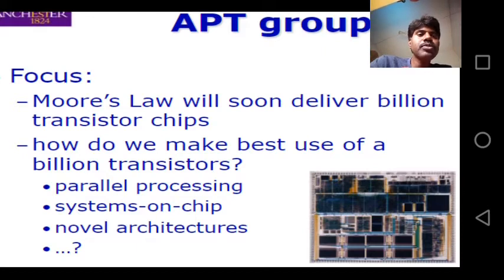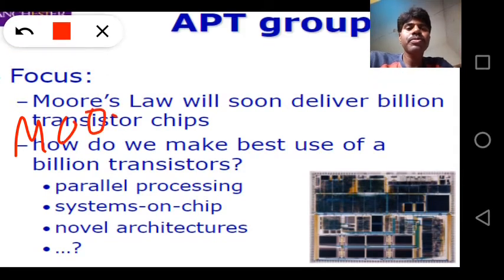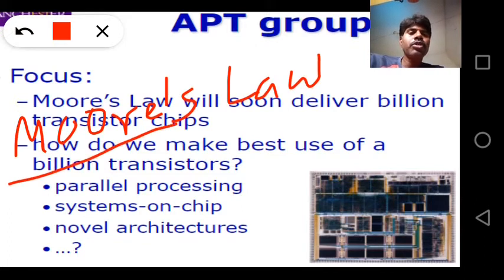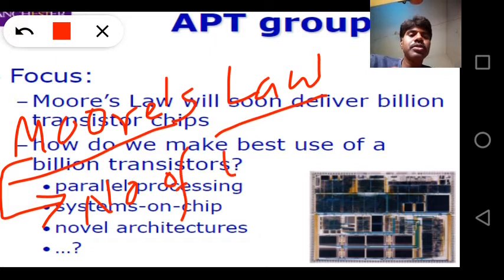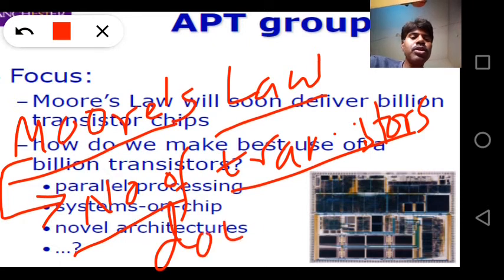Now we'll focus on advanced processor technology, that is, Moore's law. What is meant by Moore's law? What Moore's law states is that the number of transistors used in a processor almost doubles every 2 years.